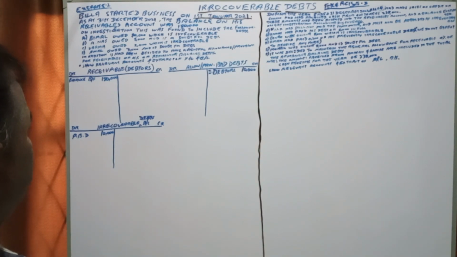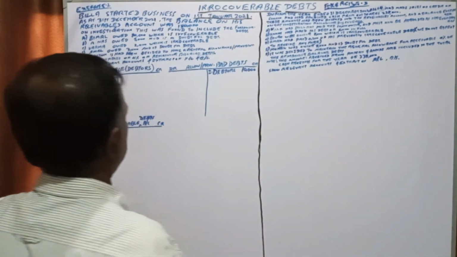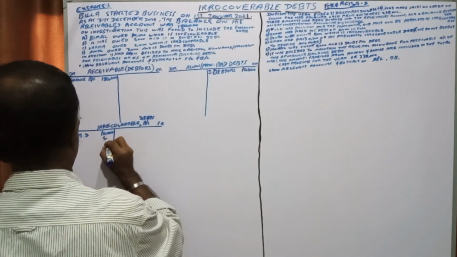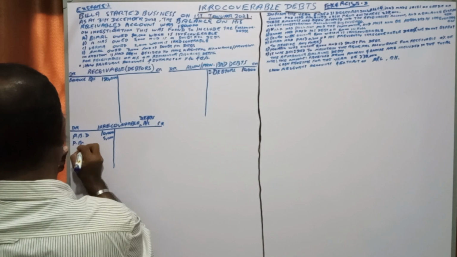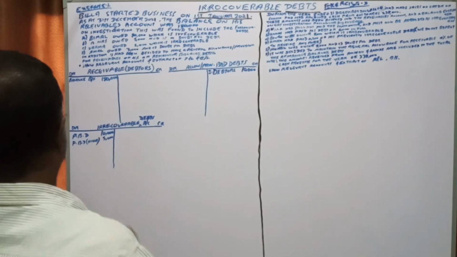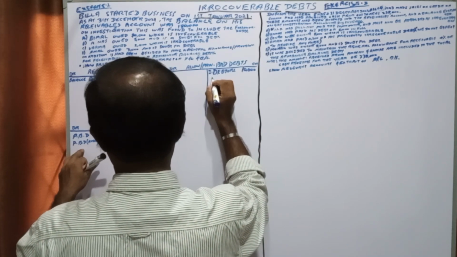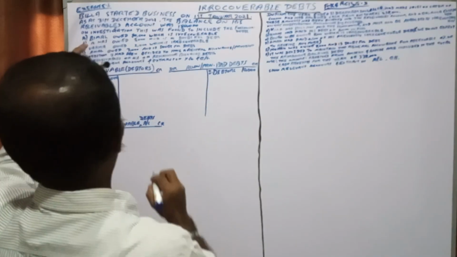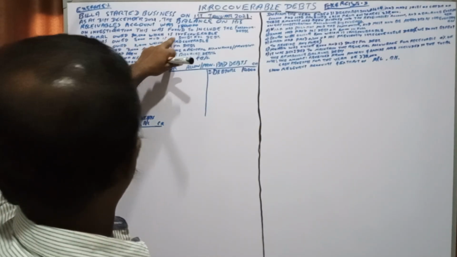It is doubtful whether we will receive it or not. We don't know. So we have to debit the account 5,000, provision for bad debts, Anas, and credit the provision for bad debts account. No, no. Here, Anas owed and it is a doubtful debt, which is irrecoverable.